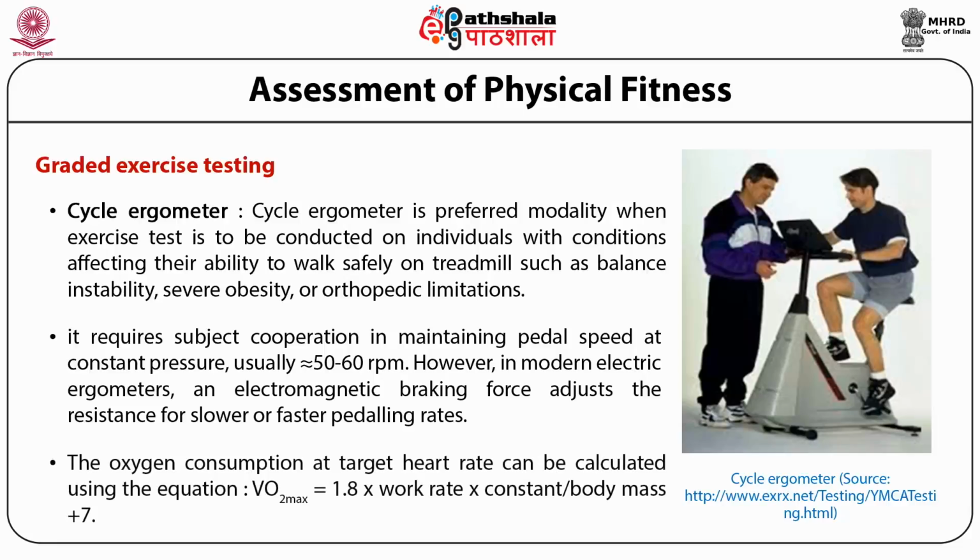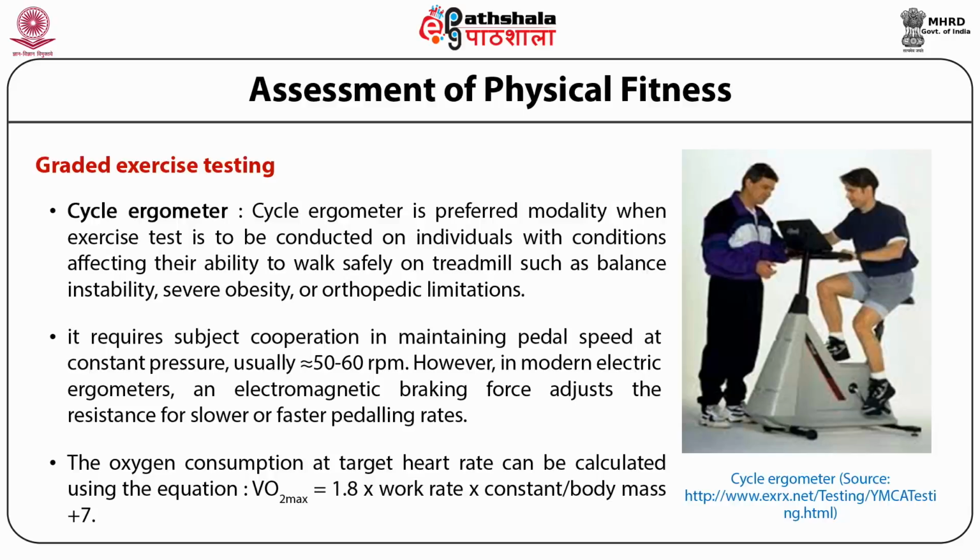The oxygen consumption at target heart rate can be calculated using the equation seen here in the picture, that is VO2 max is equal to 1.8 times work rate times a constant, divided by the body mass of the individual, plus 7.